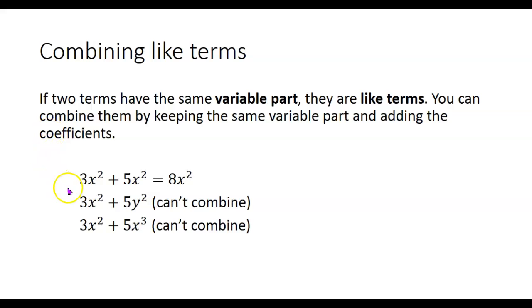So for example, 3x squared plus 5x squared combines to 8x squared. But 3x squared plus 5y squared cannot be combined. It has to just stay separate as 3x squared plus 5y squared. And 3x squared plus 5x cubed can't be combined because even though the variables are the same, they are to different powers.